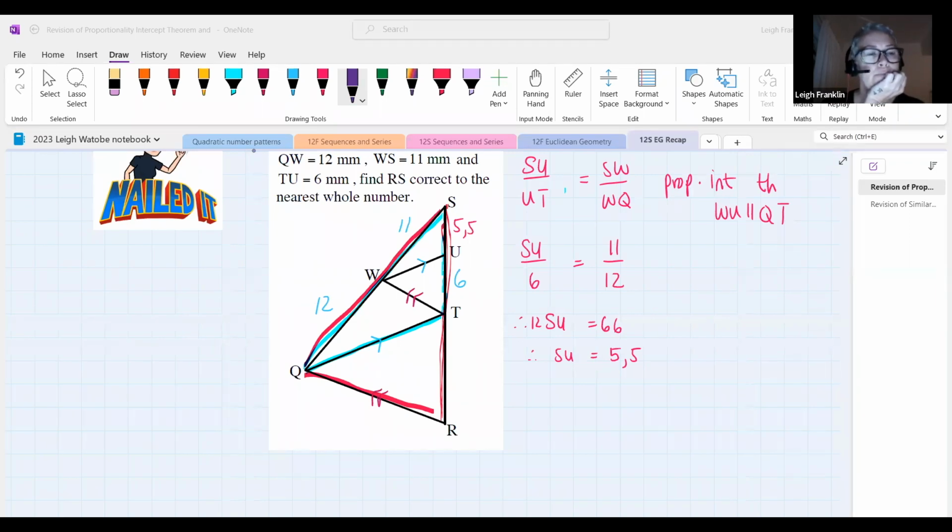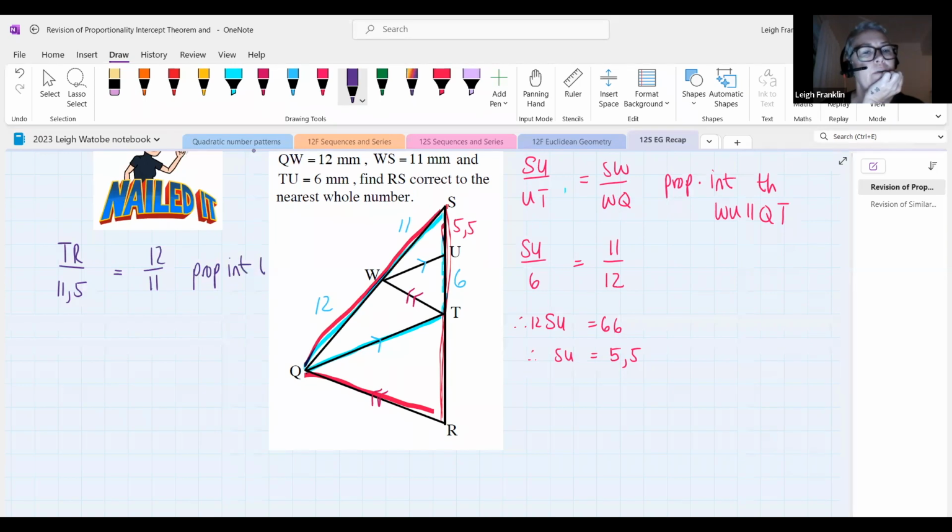So it is going to be TR over 5,5 plus 6, which is 11,5. Good. And then we're going to say that 12 over 11. Lovely. Well done.